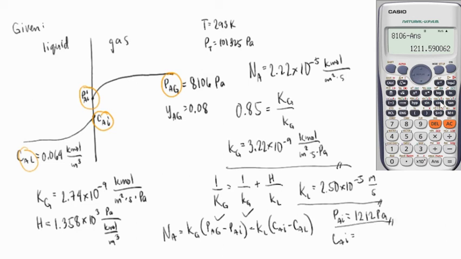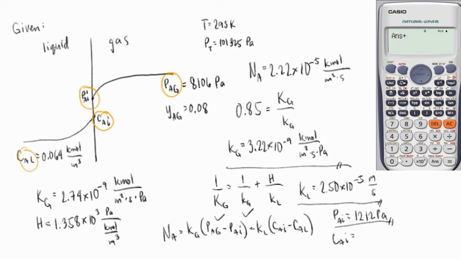Next, for CAI, we simply use the right-hand side of the equation, which deals with the liquid side, that is Na, 2.22 times 10 raised to negative 5, divided with small kl, which is 2.5 times 10 raised to negative 5 meters per second. And then this ratio is equal to CAI minus CAL. To solve for CAI, we simply add this to CAL.